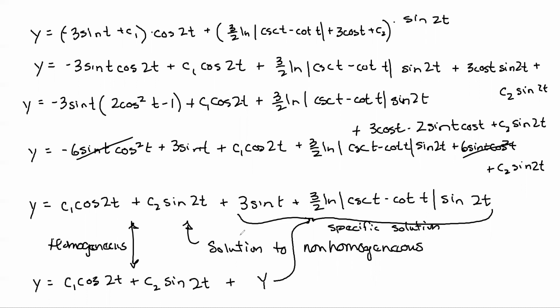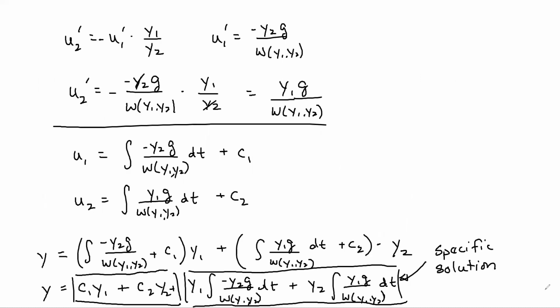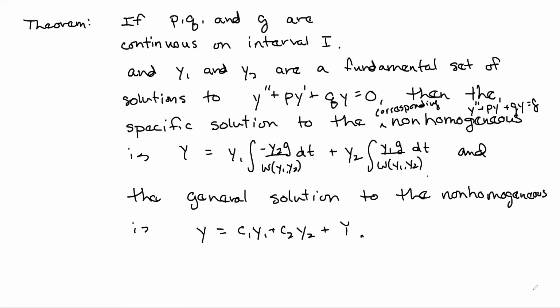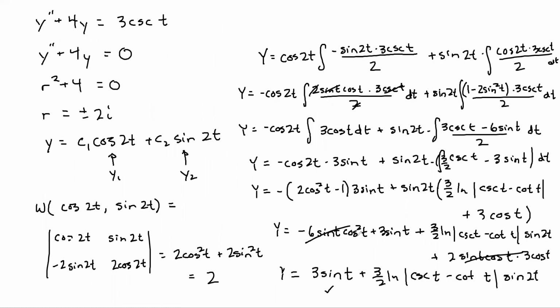So it took like 3.5 pages and it got it down to 1 page. So it did improve the length of the problem to use our theorem that we created by going through and generalizing the proof. Okay, so anyway, that's a method for finding the specific solution to a non-homogeneous differential equation. It's called the variation of parameters method.